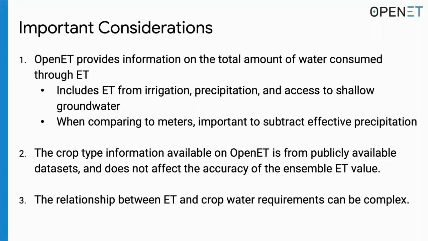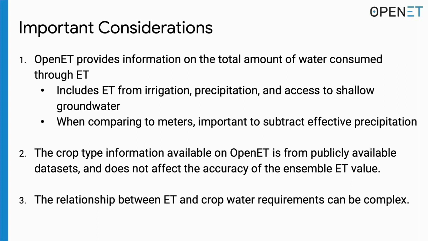So there's a couple of important considerations to keep in mind when you're working with data from OpenET. First is that OpenET provides information on the total amount of water consumed through evapotranspiration. So this is going to include the ET from irrigation, from applied water, from precipitation, and even access to shallow groundwater.